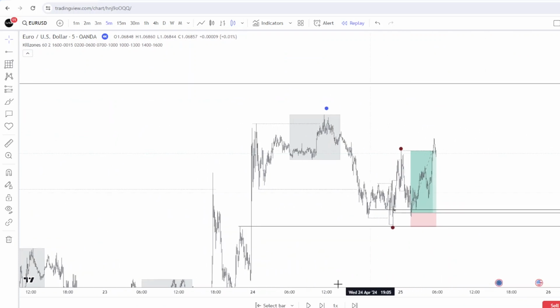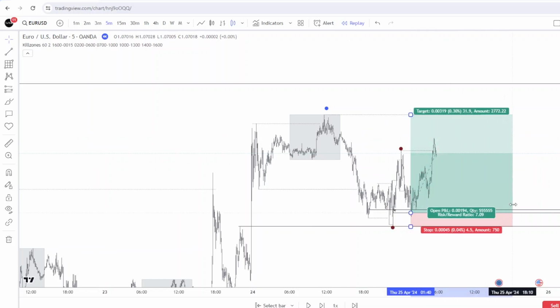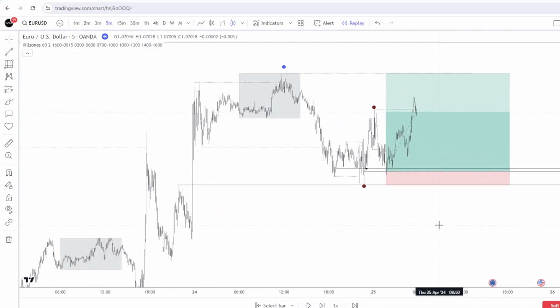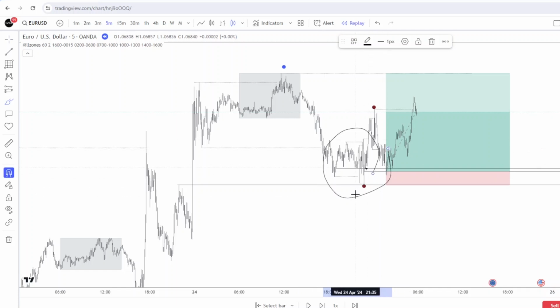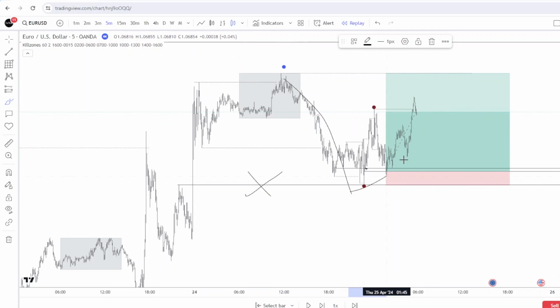But as you can see, the main external range liquidity of this range is here. So I held this trade until here. So I made a 7R on this trade. Why? Because I had my T2 setup here, and I had my range from here to here, and the range cycle is most likely complete because it came to mitigate a higher time frame POI, and price is going to take external range liquidity.